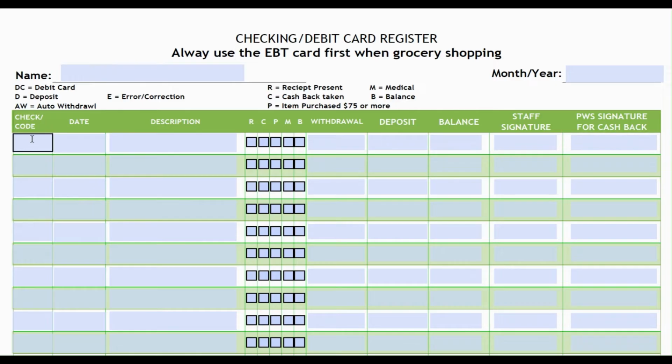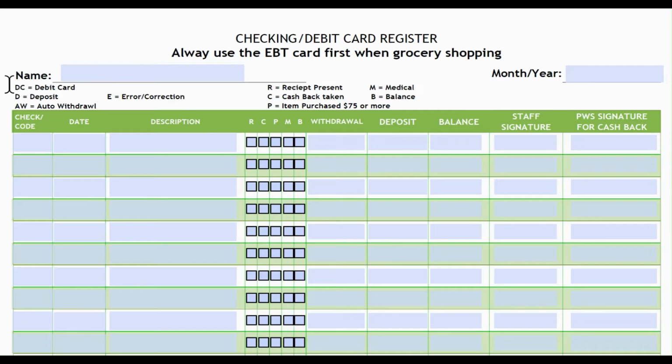So let's start with this check and code column. This is where you're going to write what method of payment. So if you paid with a check, you would put the check number in here, like 1007. But we have also other options.